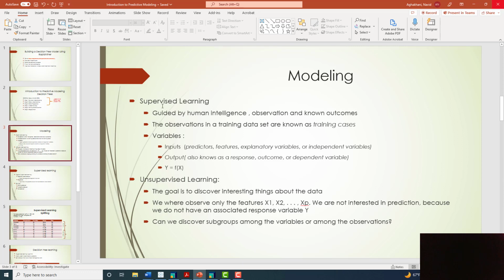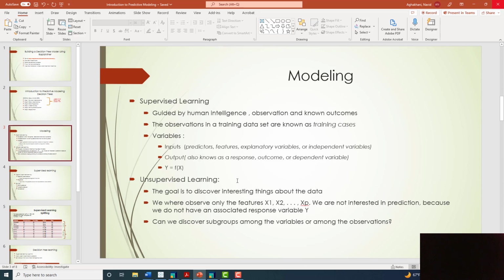So basically in supervised learning, we have labeled data. However, in unsupervised learning, we don't have any labeled dependent variable. In other words, we don't have any variable or dependent variable that we are going to predict.